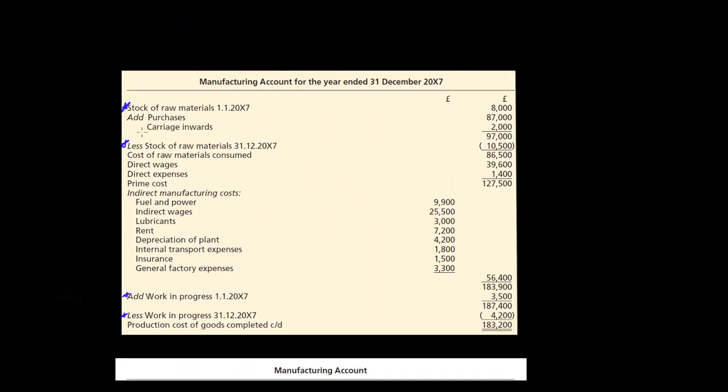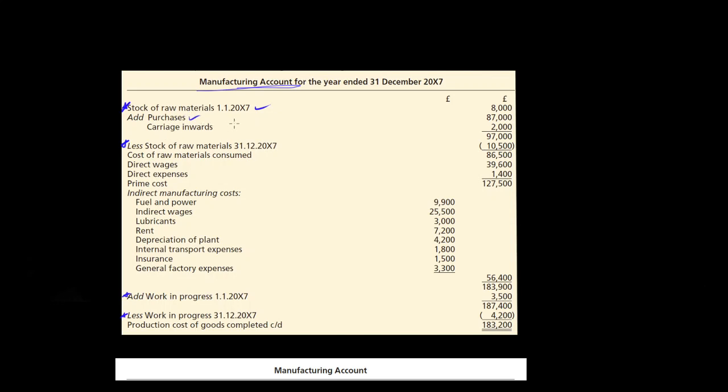Now this is the format. In the manufacturing account, you look at opening inventory of raw materials. This is a general format. You have to learn this. Opening inventory of raw material, add purchases of raw material, not the other purchases, not for goods of resale.